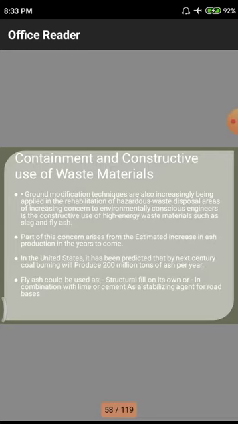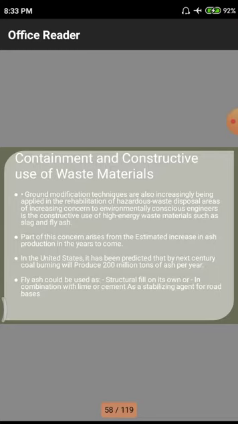Normally we are using solar power and wind power and next water power for the generation of electricity and others, so that we have to eliminate those fly ash and others.